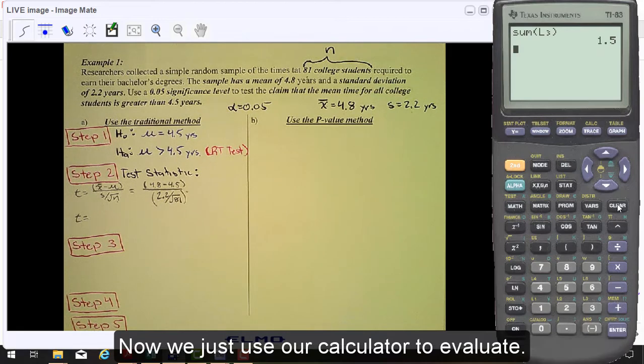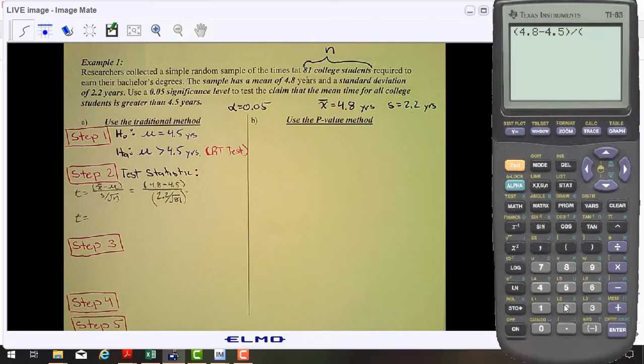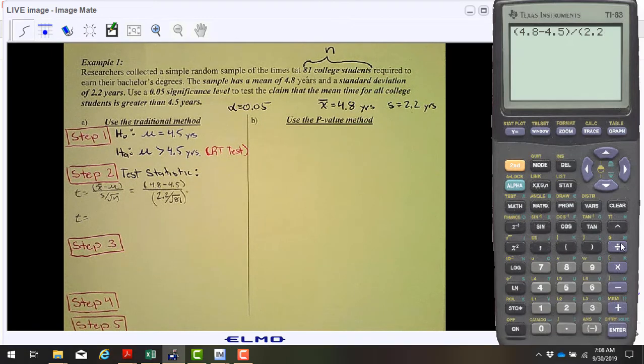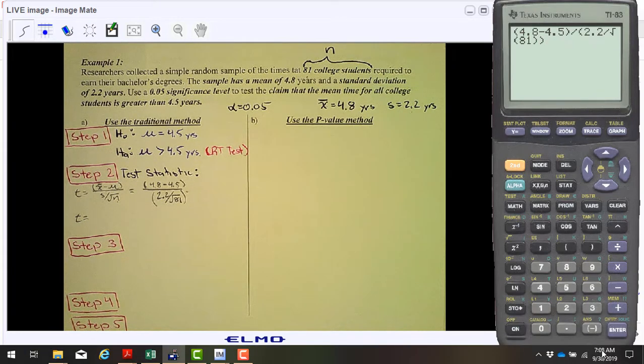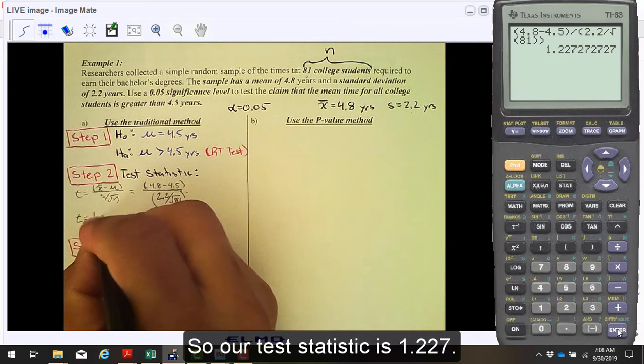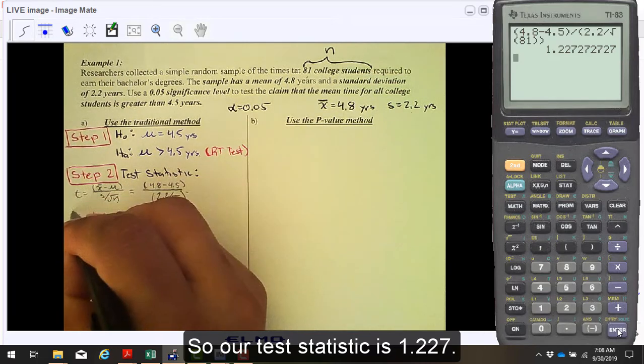Now we just use our calculator to evaluate. So our test statistic is 1.227.